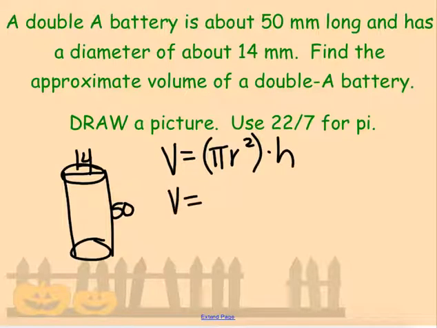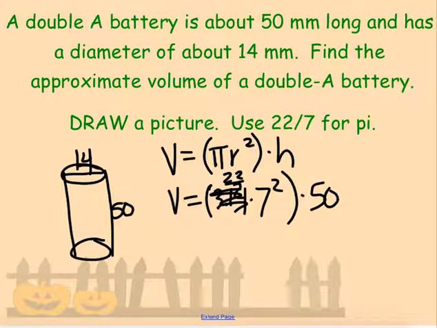So that is 3.14 times, well, 14 isn't the radius, it's the diameter, so we have to cut that in half to get 7 as the radius. And they actually asked us to use 22 over 7 for pi in here for a specific reason. And then our height is 50. So our volume here, we're going to be doing 22 over 7 times 49 over 1.